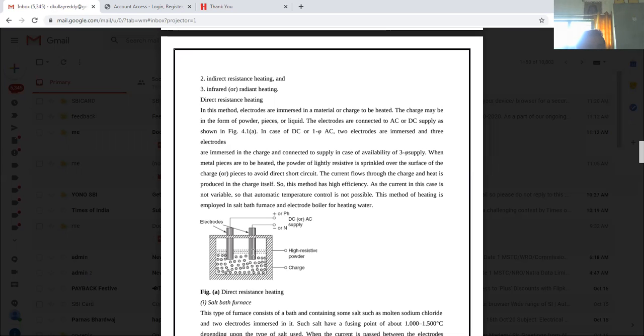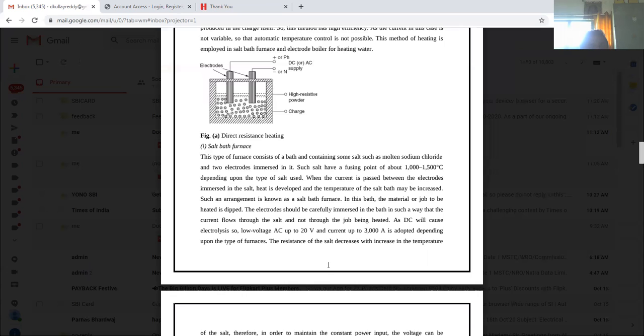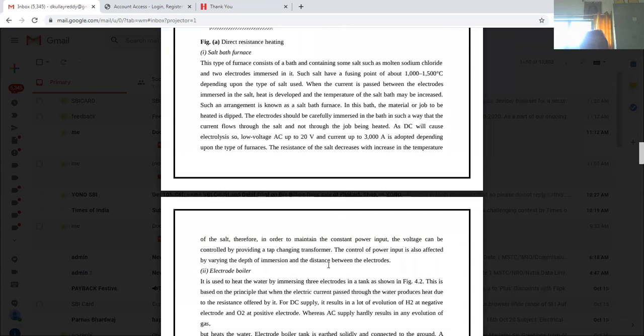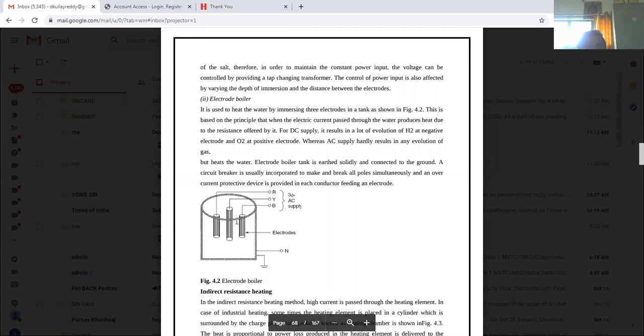The same direct process is involved here. One example of direct resistance heating is the salt bath furnace. Next, the electrode boiler, which takes a three-phase supply.